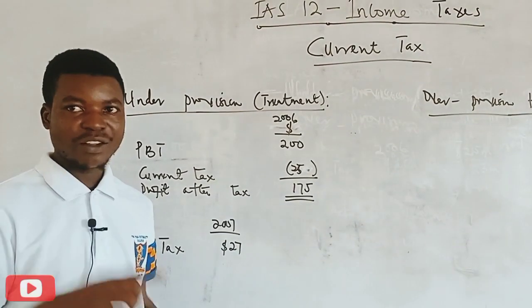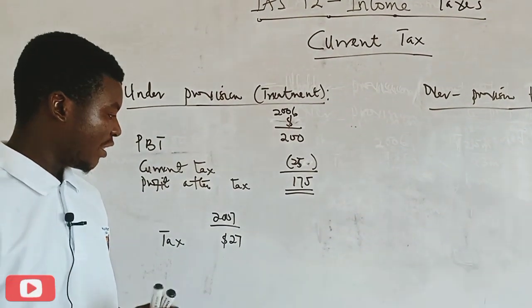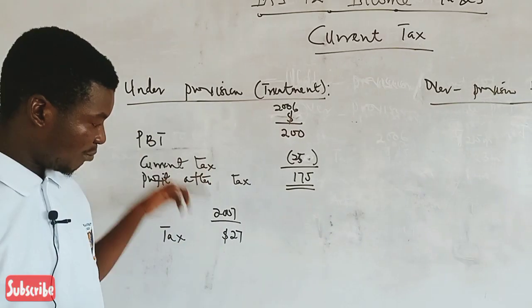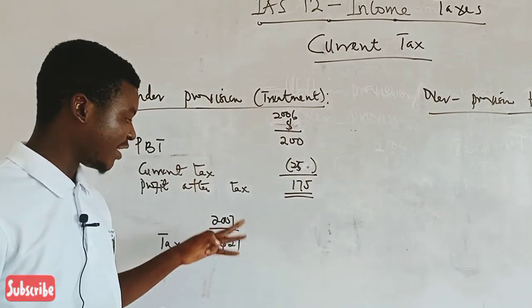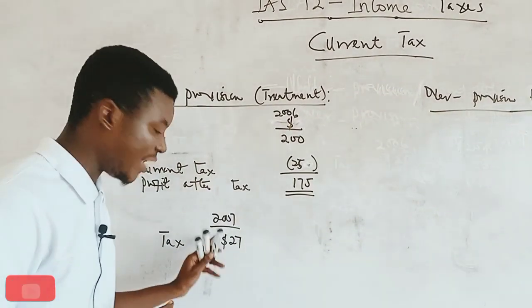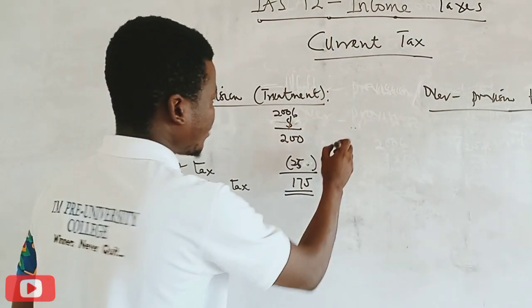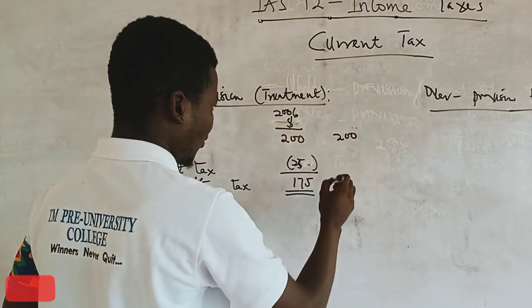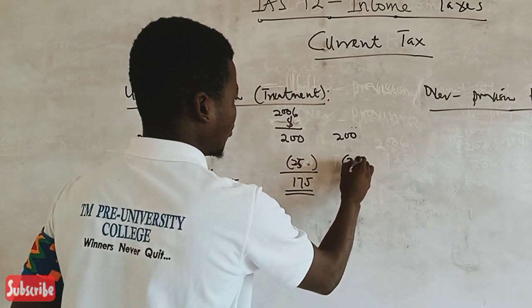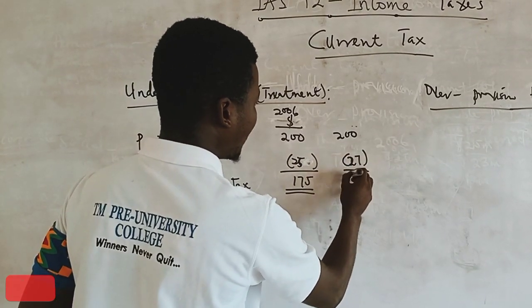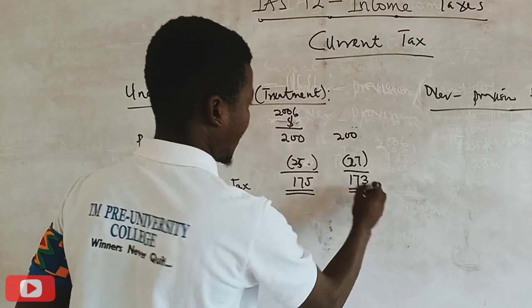How do we account for this? Assuming the entity should have been aware that the tax to be paid for the year is 27 million, this is how the entity is going to account for it. The entity has 200 million, but the tax figure will be 27 million. So the entity will have a profit of 173.